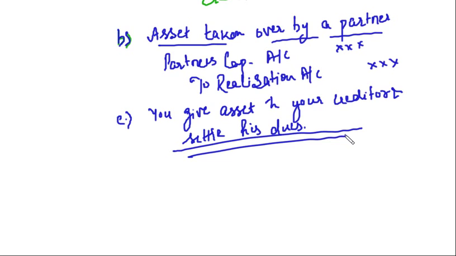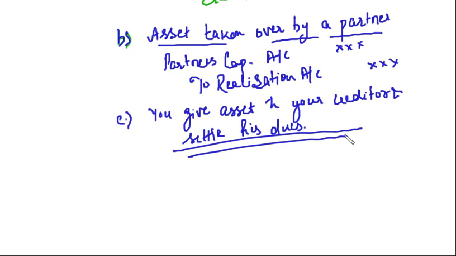Your amount due towards your maid was rupees 4,000. What you do is, instead of giving her 4,000, you give her the microwave. You ask her to take the microwave in settlement of her dues of rupees 4,000.